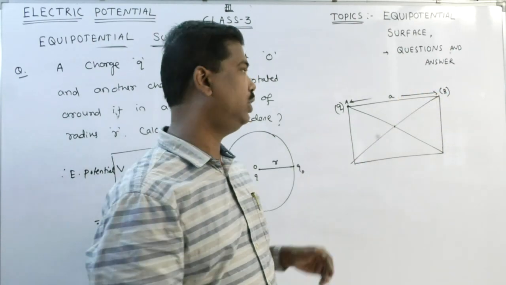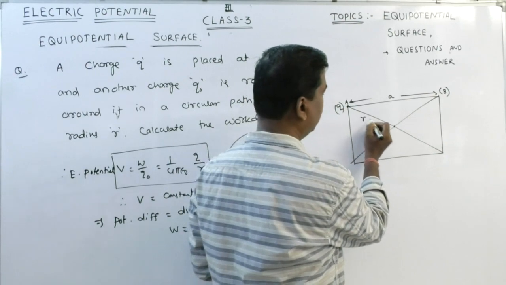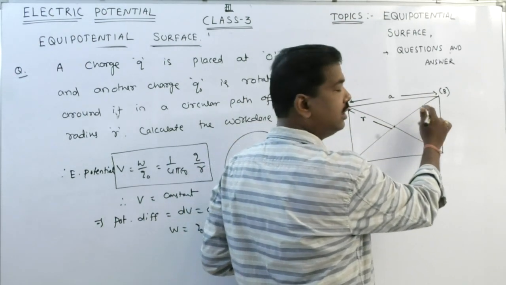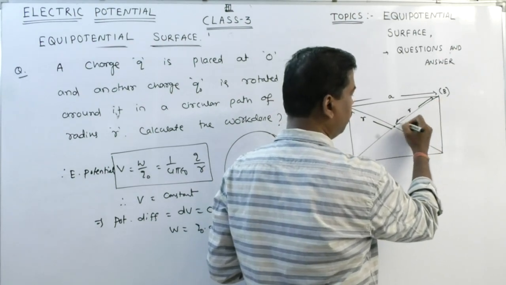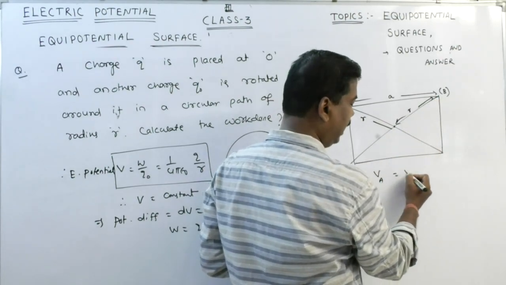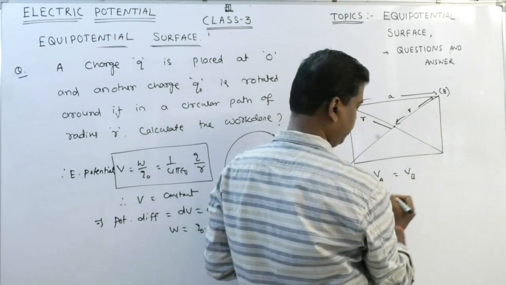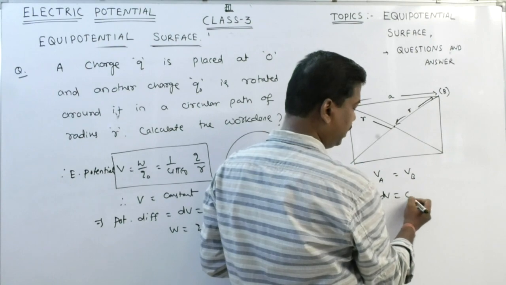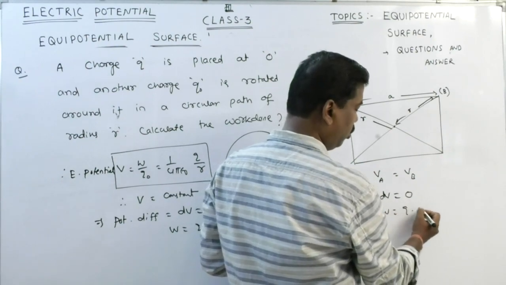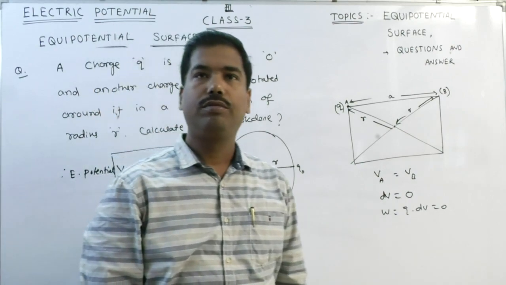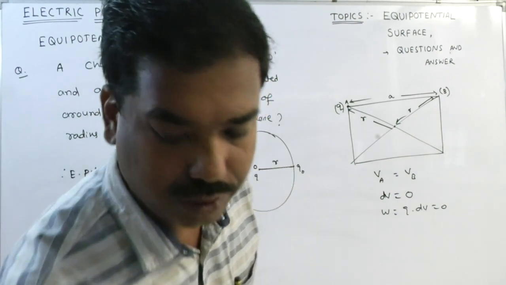But here also we can assume if this distance is r, then this distance is also r. It means potential at A is equal to potential at B, or I can write potential difference is 0. So work done is equal to Q into dV is equal to 0. No work is done. Clear? Next.